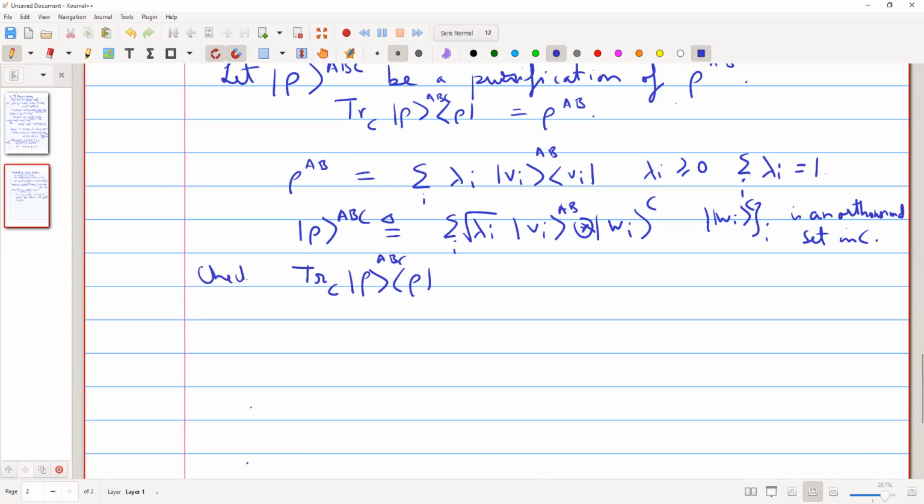Check. Okay, so is it clear how to construct a purification? Purification always exists. All you need is that the new purifying register C should be of large enough dimension.